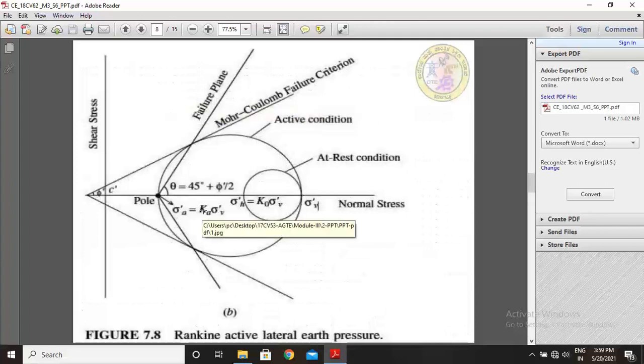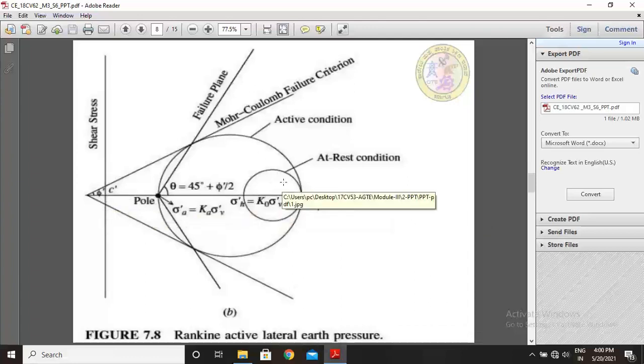See, this is 7.8b. How to plot this Mohr circle? So we know, this is normal stress, this is shear stress, based on sigma 1, sigma 2, or based on sigma dash h, sigma dash v.